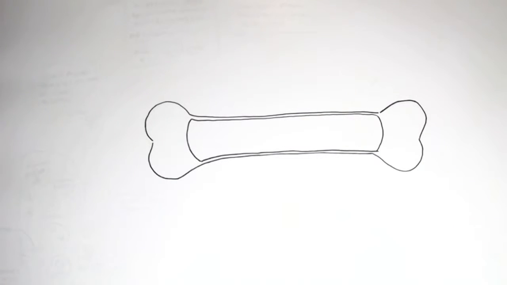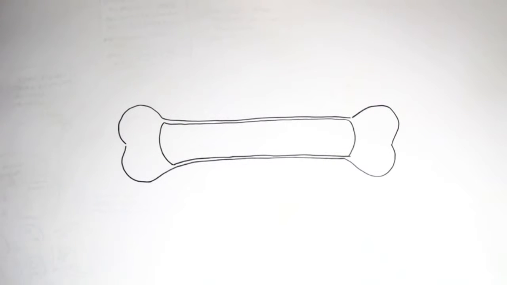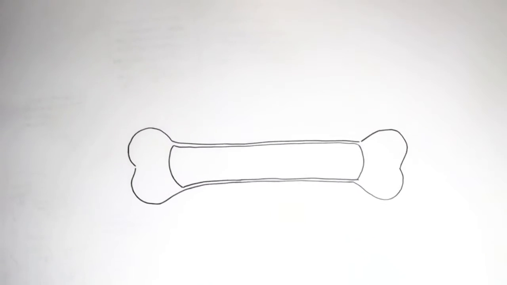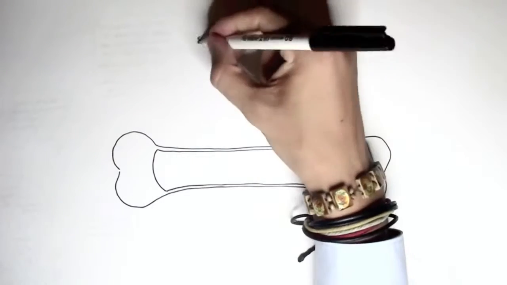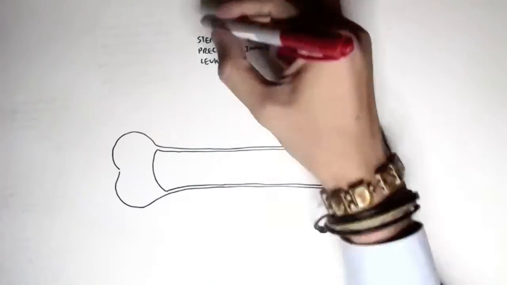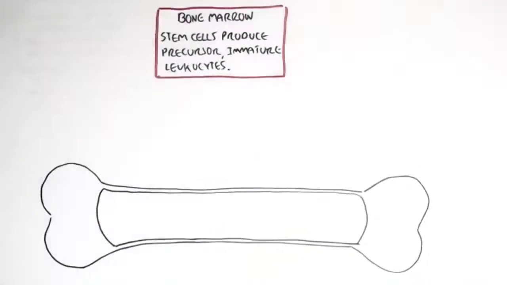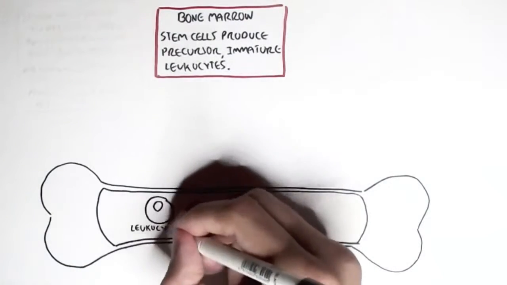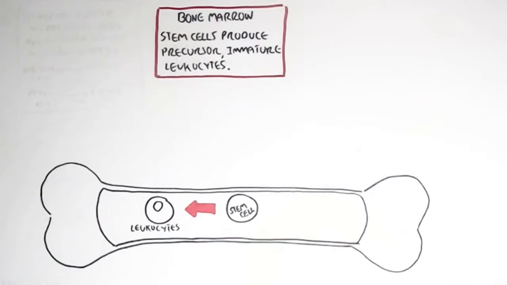To learn about the immune cells, we have to start from where they came from, which is the bone marrow. Before looking at the main big map, we're just going to draw a small map and look at the overview of what we're going to learn today. In the bone marrow, we have what's called stem cells, and these stem cells produce precursor or immature leukocytes, the white blood cells.